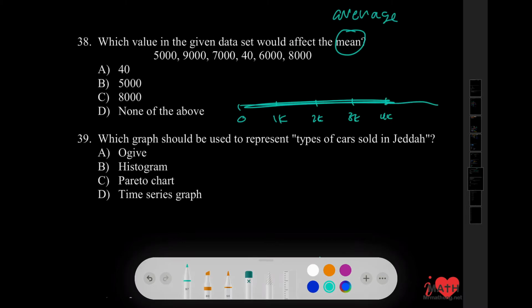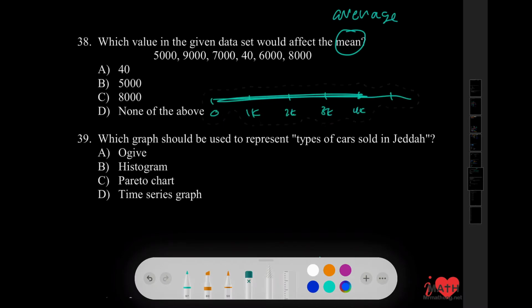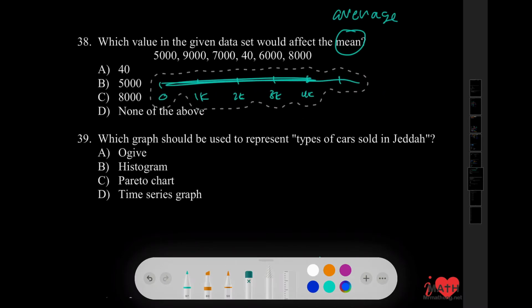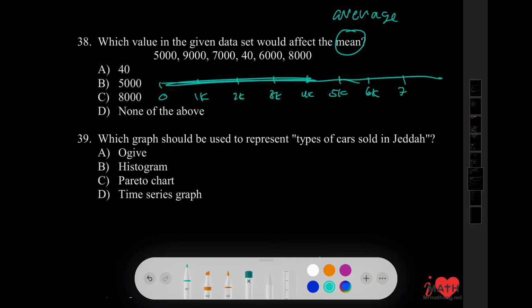It's always good in math. Ran out of space, so let's move it over more. 6, 7, and 8K. And then the 40 is like way over here.